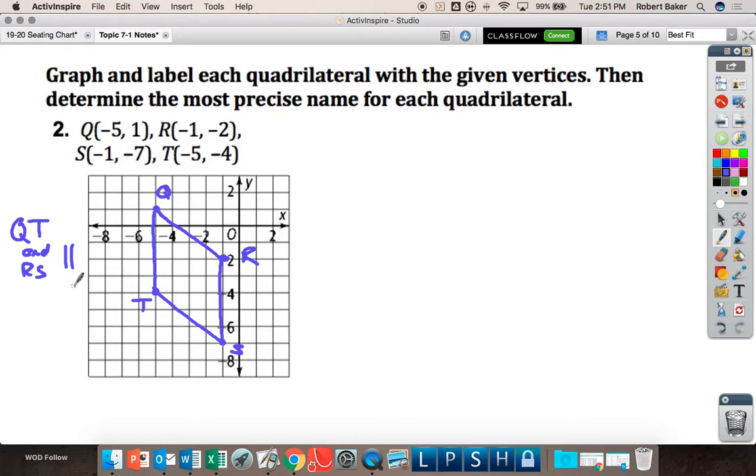So, if I calculate the slope of QR, Y2 minus Y1 over X2 minus X1, which returns a slope of -3 over +4.